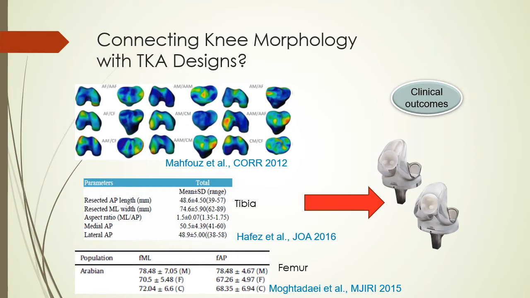Just ignore all these markers, but between genders and ethnicities, we have a lot of different types, shapes, and sizes in our knee. If you look at some of the Middle Eastern data, they are presented here. These are the ranges we're looking at for a single measurement of a certain dimension. So we have a range of size and shape to manage, and differences between ethnicities and genders. How do we use implant design to sufficiently capture this such that we can achieve clinical outcomes that are good enough?